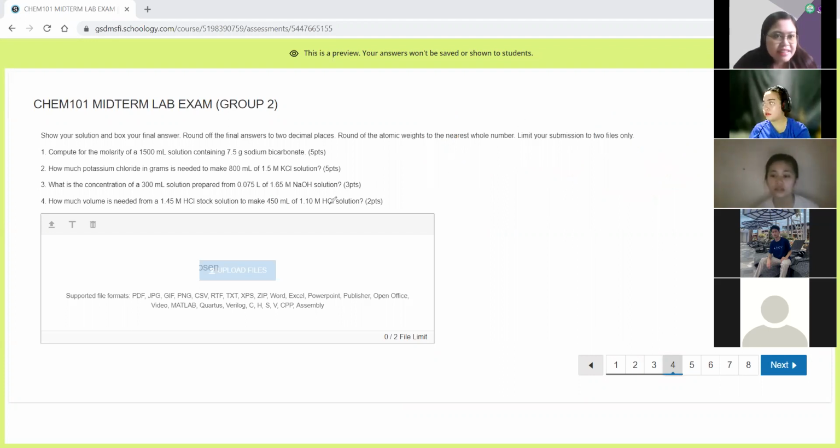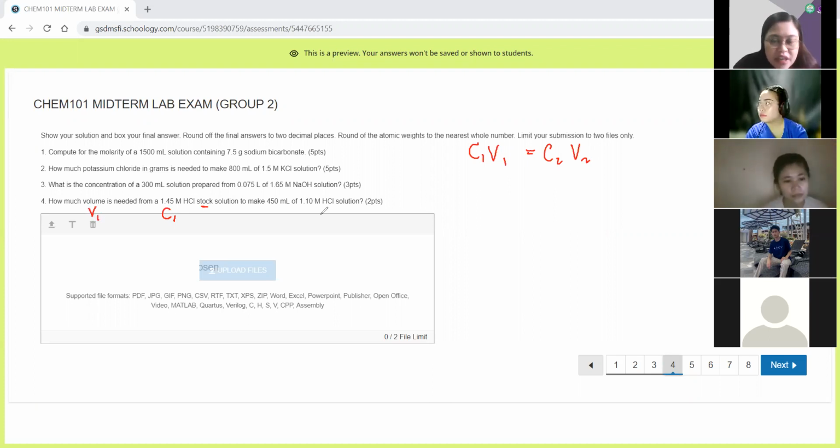Okay? Sige, number 4. This is still a dilution process. So we still use C1V1 equals C2V2 here. But how much volume is needed from a 1.45 M stock solution? If you see the words stock solution, it means it's the original solution. So this will be the C1. But what we are looking for is V1.